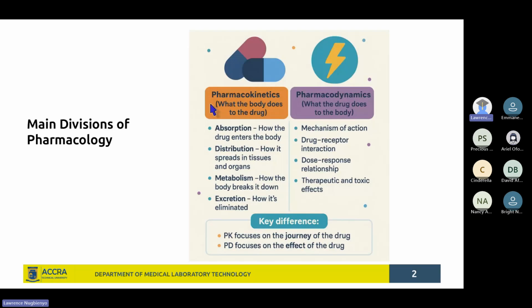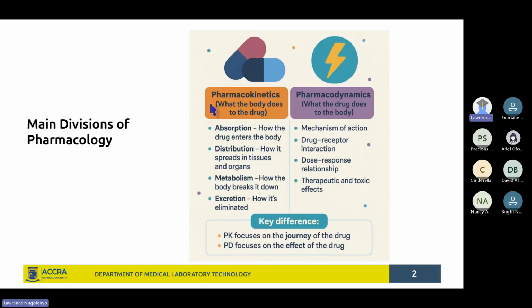If you were maybe environmental scientists or toxicologists, we'll refer to them as toxicokinetics and toxicodynamics. But in your case, we'll look at it in the field of pharmacology.